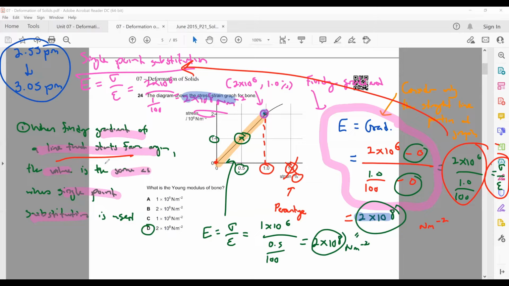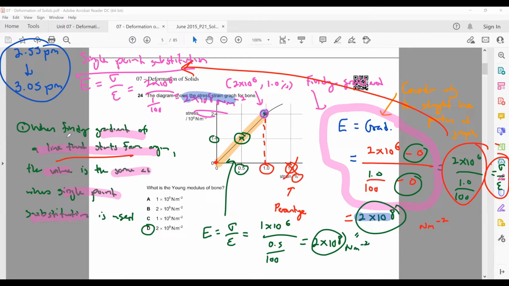So if you notice, whatever you're trying to find is actually the gradient from the origin, and it will be the same as you taking a single point substitution at any point. Maybe I try to write something here.